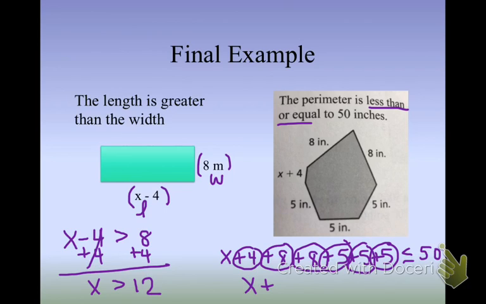So 20 plus 15 is 35 is less than or equal to 50. We could subtract 35 from both sides, and we would get x is less than or equal to 15, so that the perimeter would be less than or equal to 50 inches.